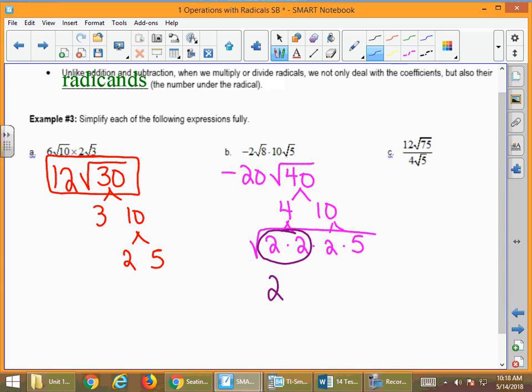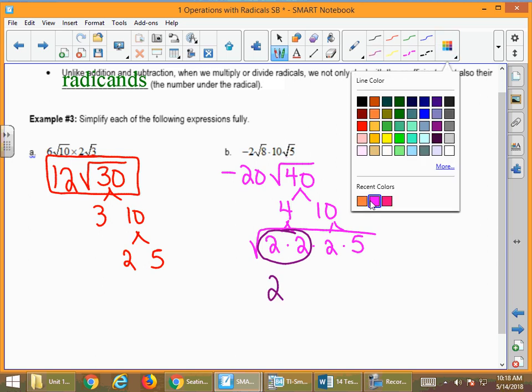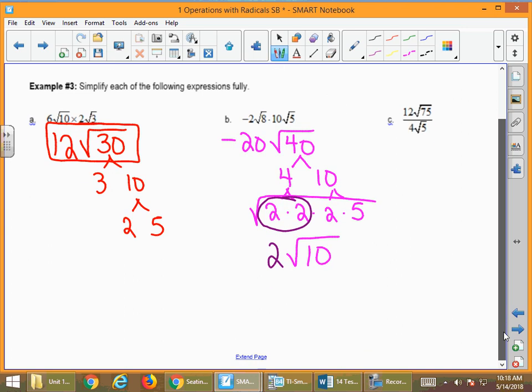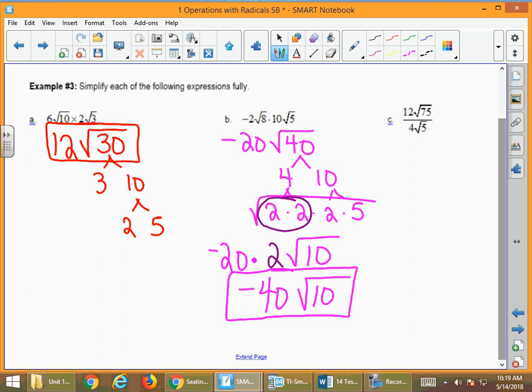And we end up with 2 times the square root of 10. Don't forget that we already had a value outside the radical of negative 20. We're going to multiply those two together. Negative 20 times 2 is negative 40 radical 10. And this is our solution. It differs from problem A only in the fact that we could simplify the 40, whereas we couldn't simplify the 30.